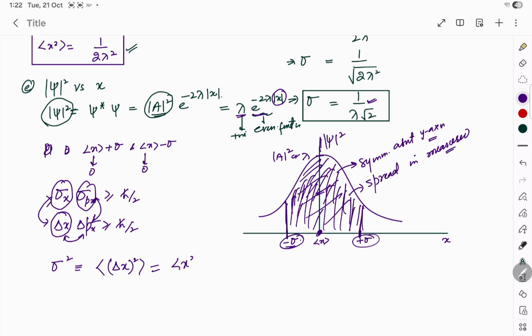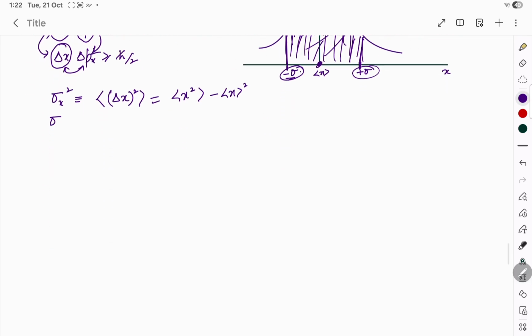This is equal to the expectation value of x square minus expectation value of x whole square. Similarly, we can write for p: sigma px square equals the expectation value of delta px whole square. This would be px square minus px this.